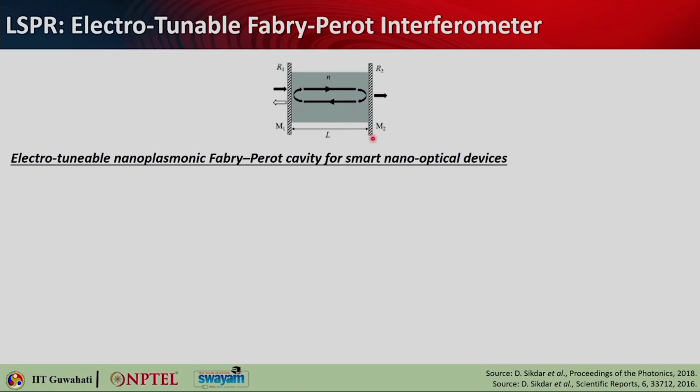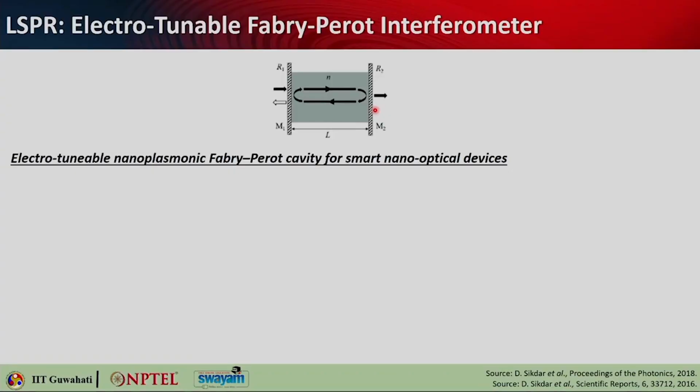So when some light enters this cavity, it goes through multiple reflections, and only those wavelengths which satisfy the constructive interference condition, that is the round trip phase should be an integral multiple of 2 pi, are able to come out of this. Other wavelengths will get cancelled.